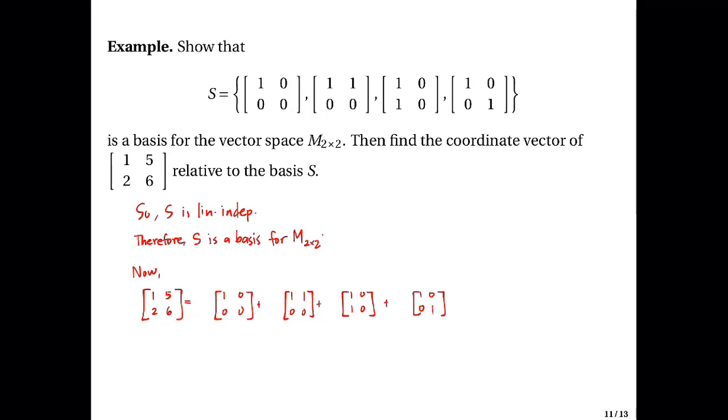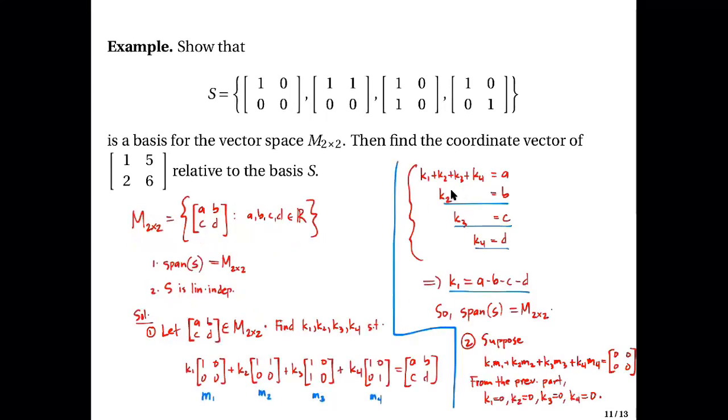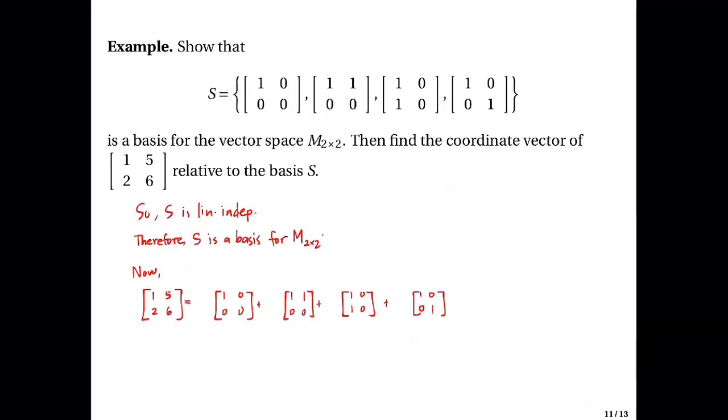But again, if we look at the solution here, the coefficient for this, which is K4, is simply D. The coefficient of this, which is K3, is equal to C. The coefficient of this, which is K2, is equal to B. The coefficient of this, which is K1, is A minus B minus C minus D. Which means that in here, this is just 5, here 5, this is 2, this is 6.